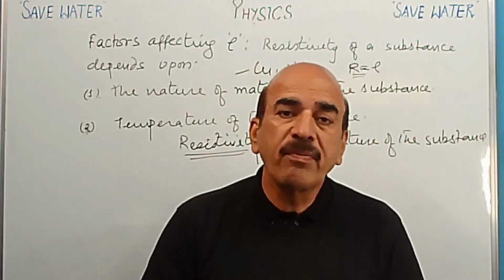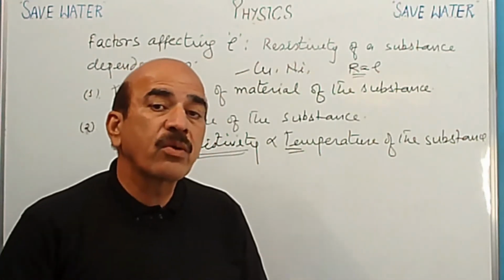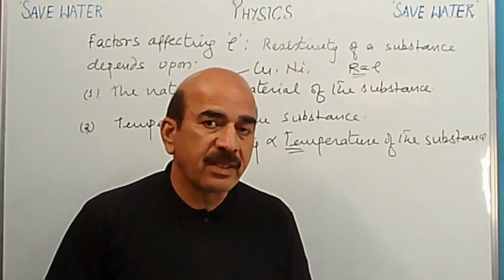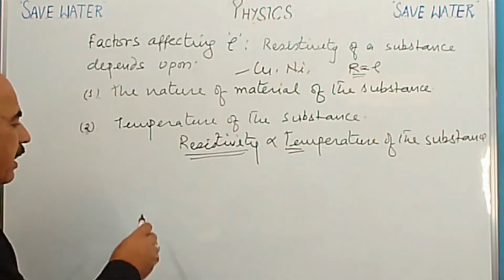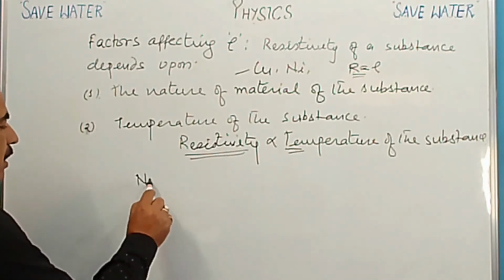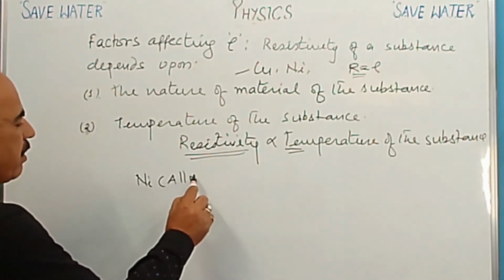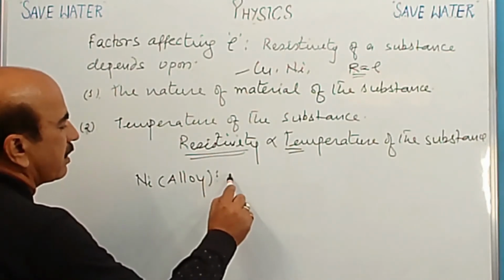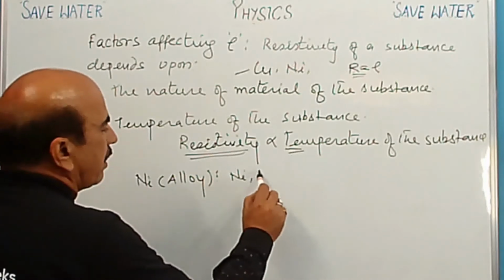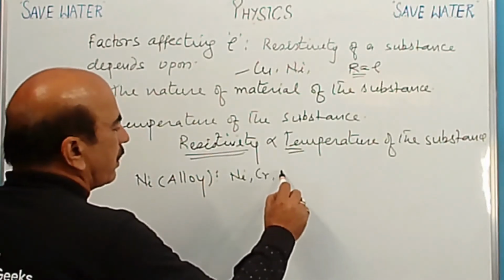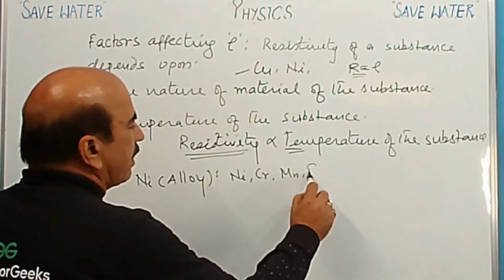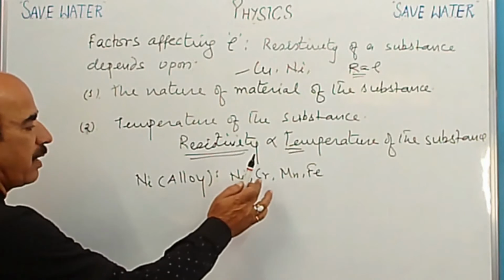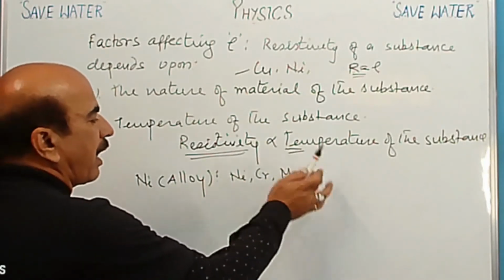And the resistivity of alloys is more than their constituent metals. If we talk about nichrome, it is an alloy of nickel, chromium, manganese and iron.